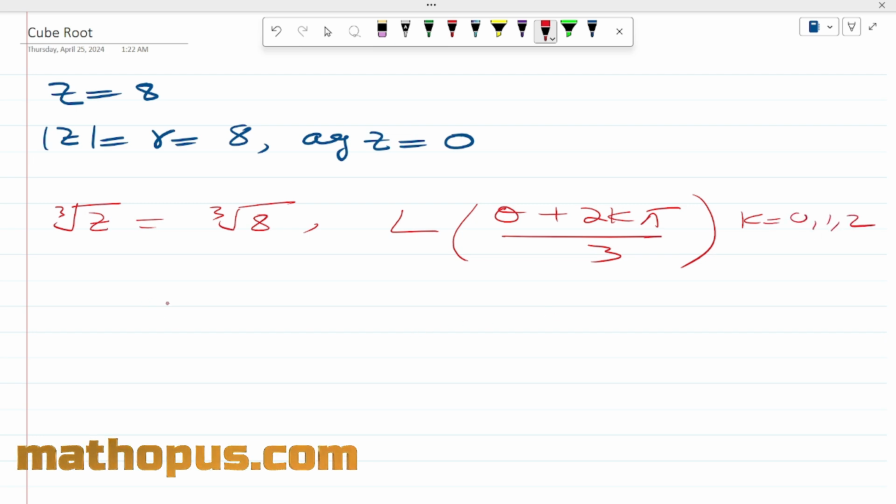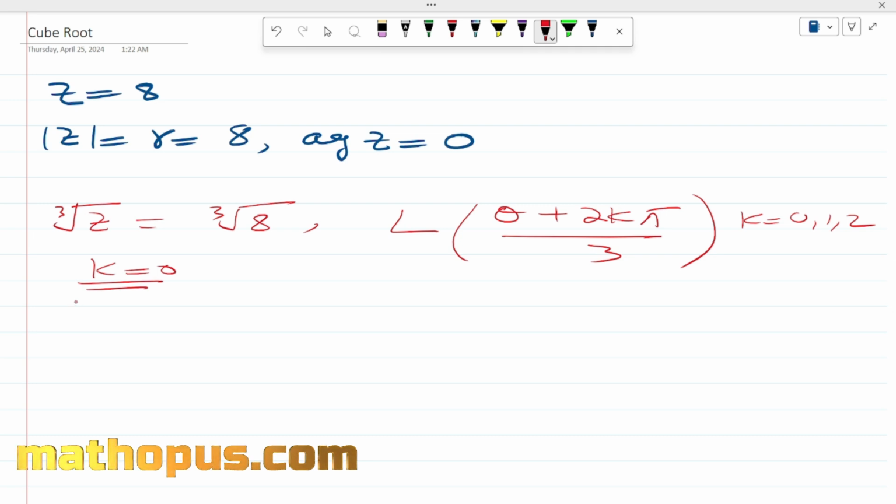Okay, so let's find out. First of all, we are going to find out the first cube root. So for that, I'm going to substitute k is equal to 0. So the major thing is the angle. So let's focus on the angle at the first place.